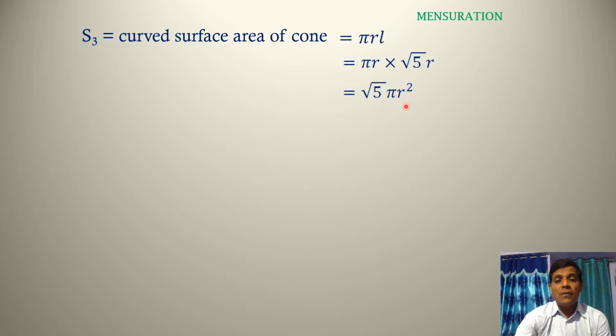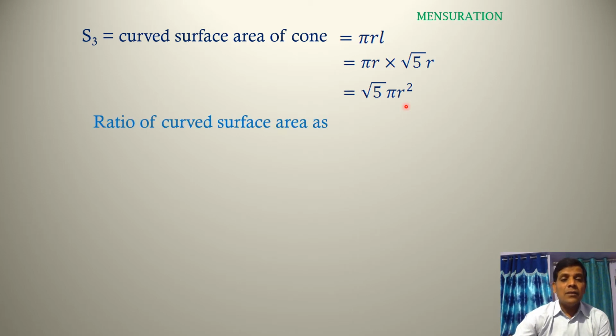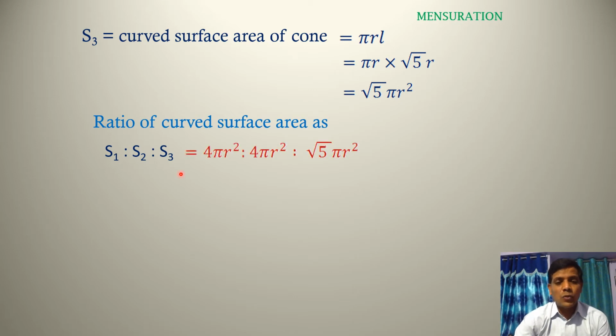So what is the given condition? Find the ratio of curved surface areas. S1 is to S2 is to S3 equals 4 pi r square is to 4 pi r square is to root 5 into pi r square.